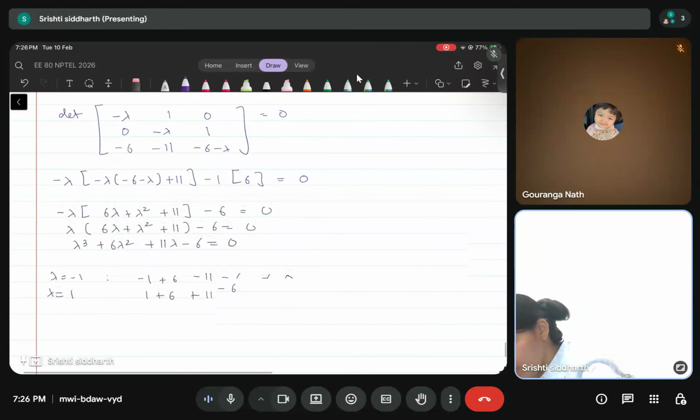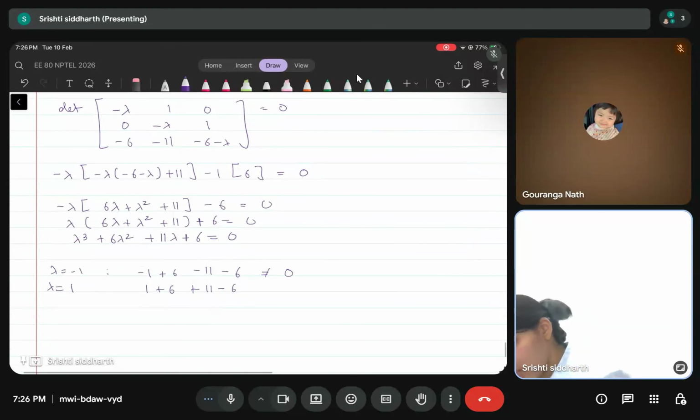Okay, so lambda equals minus 1 in this situation.